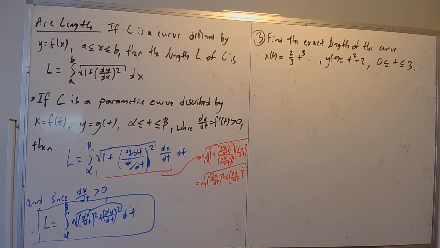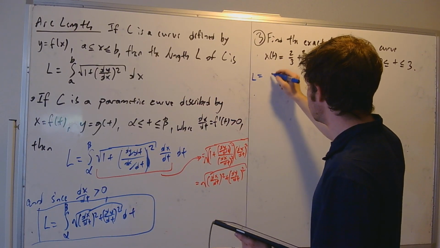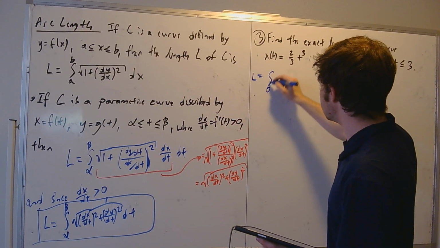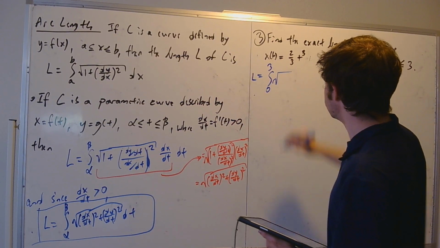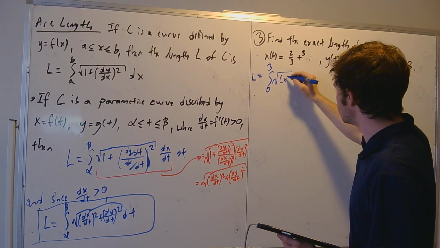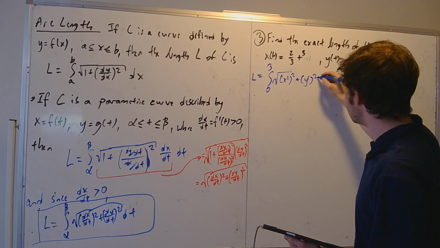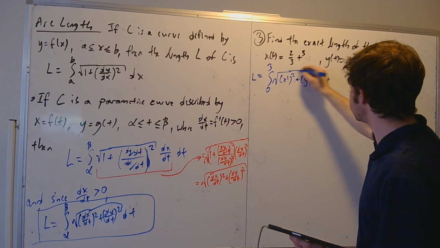Okay, and now we just need to use our formula in order to figure this out. So L equals the integral going from 0 to 3 of the square root of the derivative of x squared plus the derivative of y squared, dt.